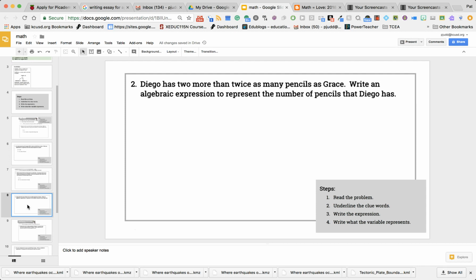Now, I want you working together. I want you to underline the amount of money, underline the information that you see in the problem. I want you to write the expression and then write the statement saying what the variable represents. Work together.